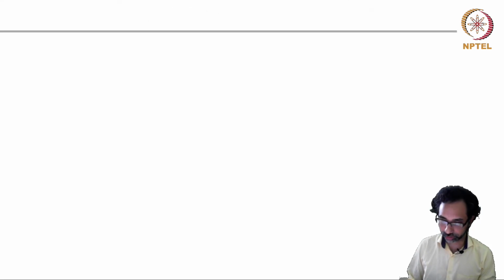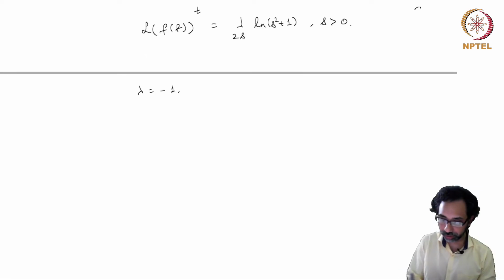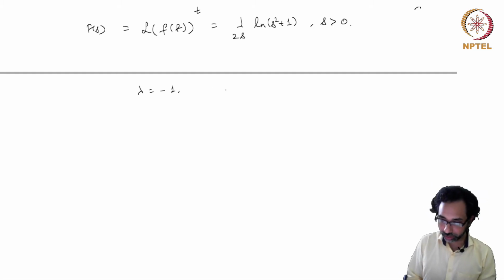Now if we take lambda to be minus 1, so let me denote this Laplace transform as F(s), then F(minus s) is equal to minus F(s), because we have s here and s square here, so this change from s to minus s doesn't affect the log term, and s changes to minus s on the outside. So F(minus s) is minus F(s).